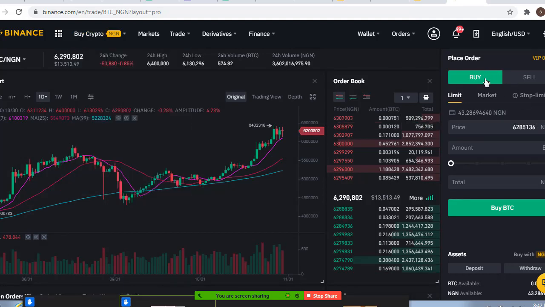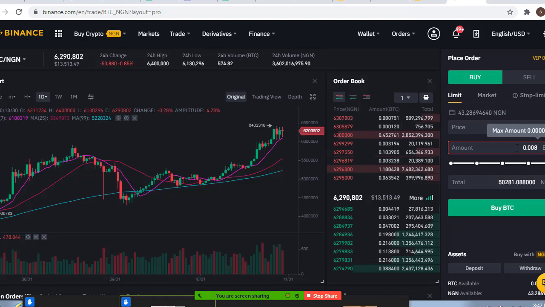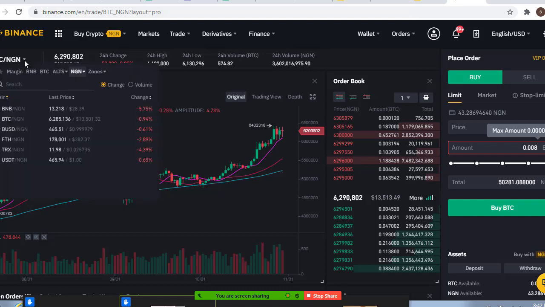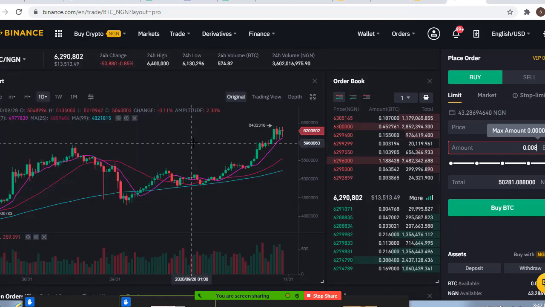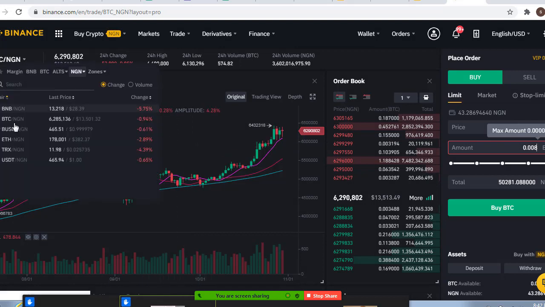Once you click on buy, you put the price and amount of BTC, then you click on buy. You've actually converted your NGN to BTC. Now you can still convert your BTC to any other asset. Just go to the market pair and choose it.